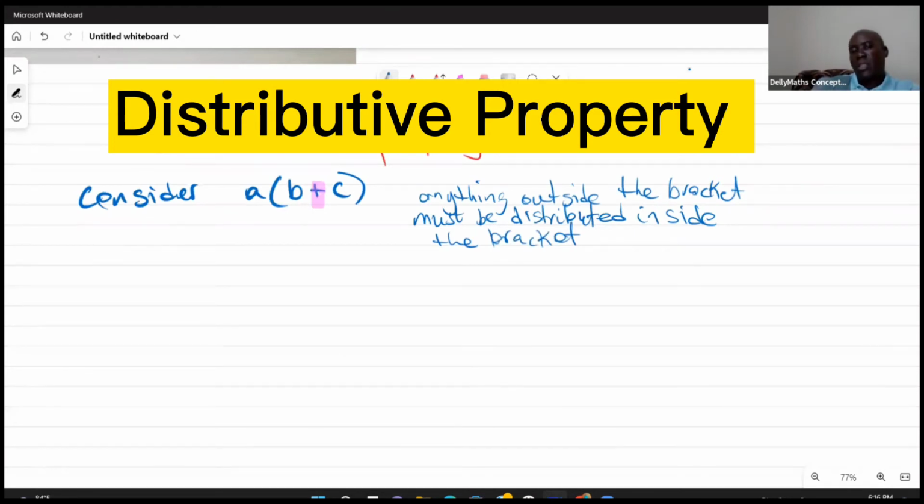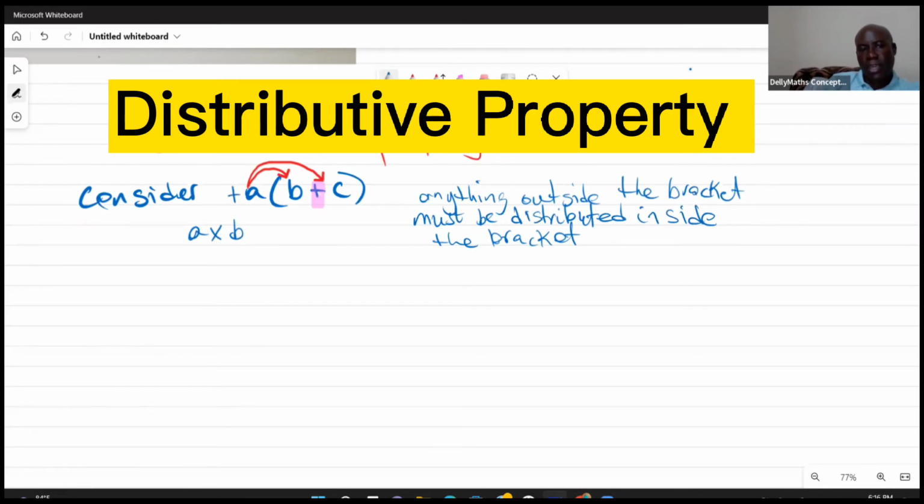What does that mean? It simply means then that this A that is immediately outside the bracket will be distributed inside like this. And a distribution comes with multiplication. All right, so this means that the A will now multiply with the B. And remember, this is a positive A, all right?